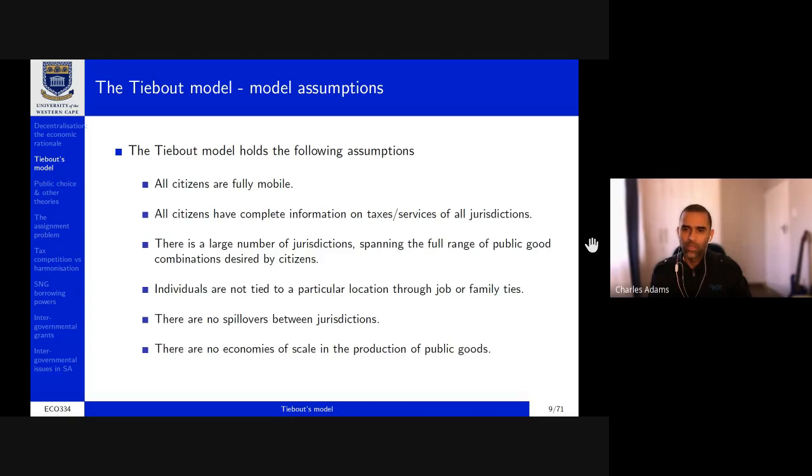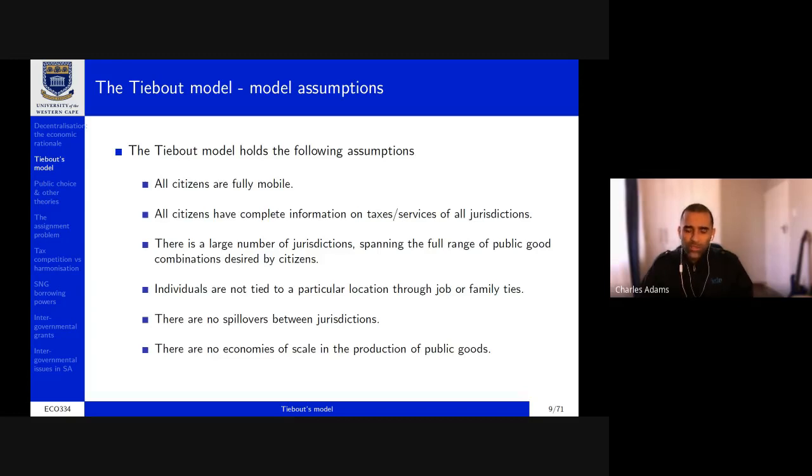In other words, if you live in a municipality that does not reflect your preferences for the mix of public goods and services you want, and there's some other jurisdiction far away that does, nothing holds you back from just moving to that jurisdiction.